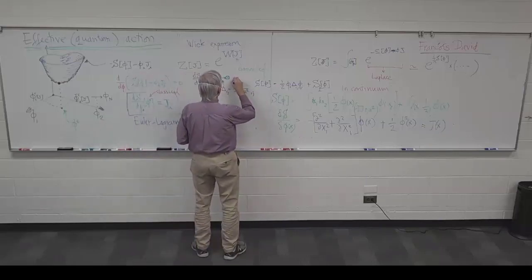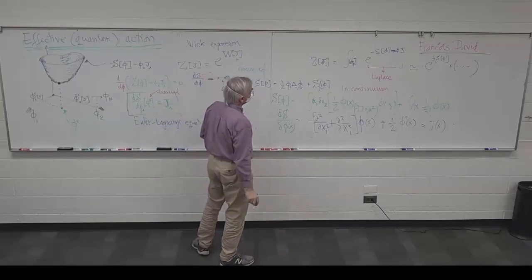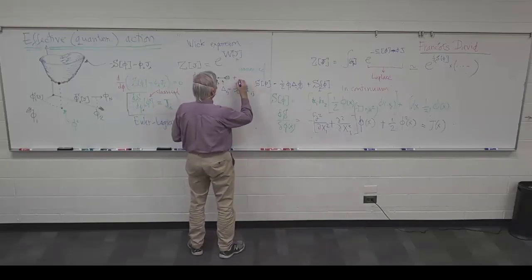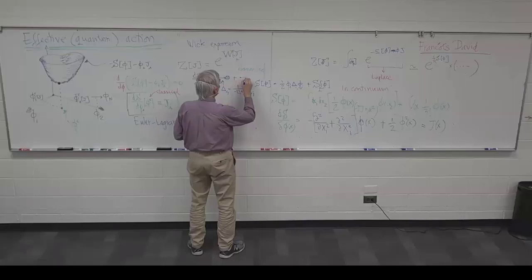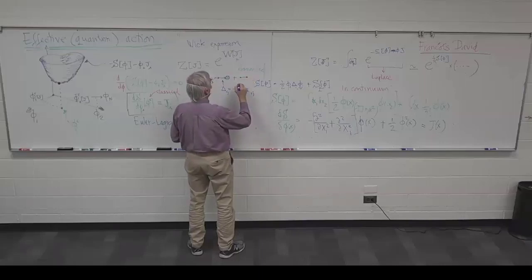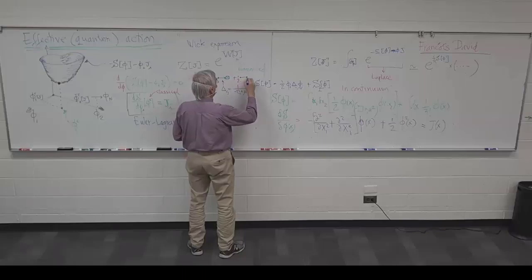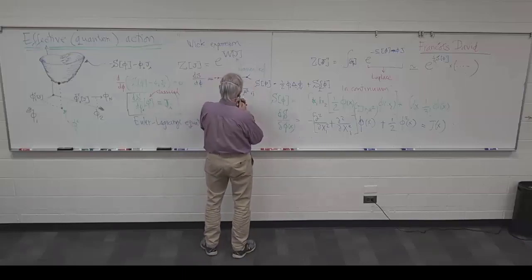And then, if I had, let's say, phi cubed theory, I would go to the vertex. And it has two legs. And that thing now continues.